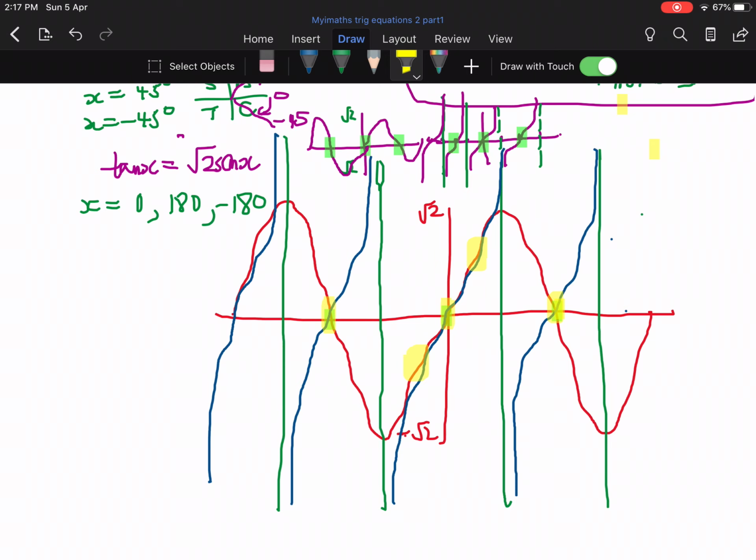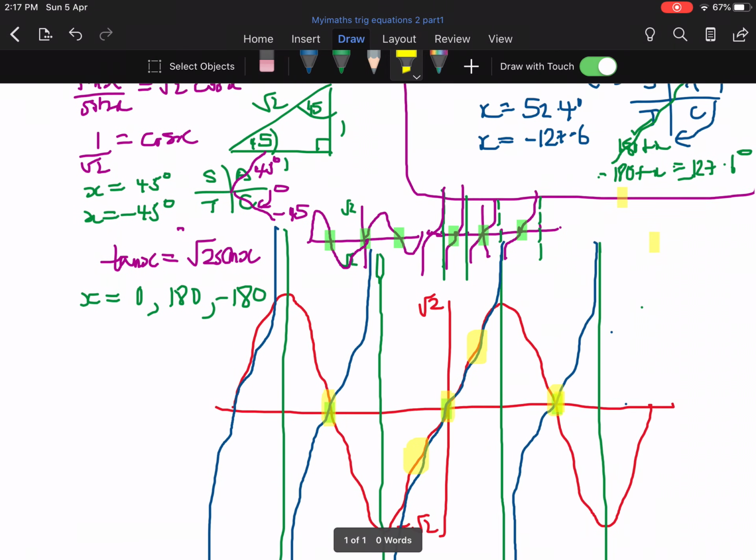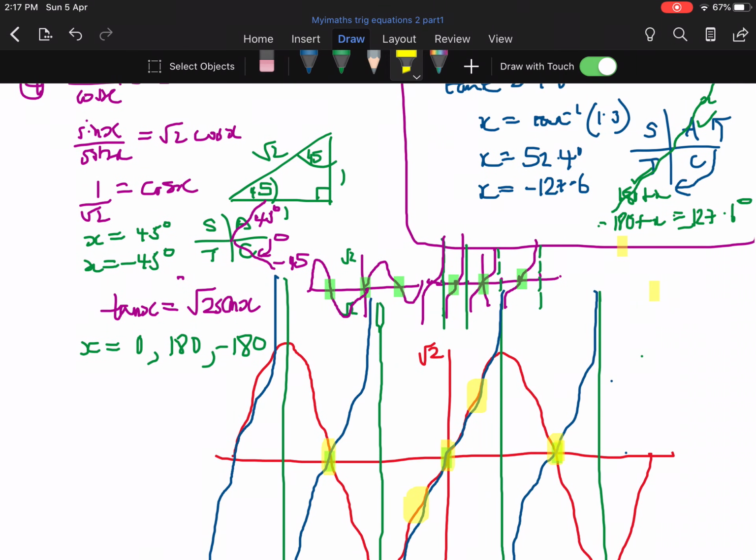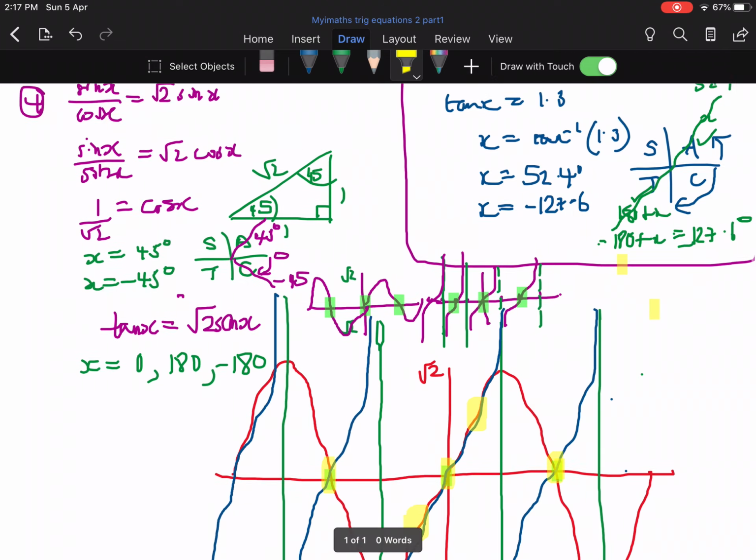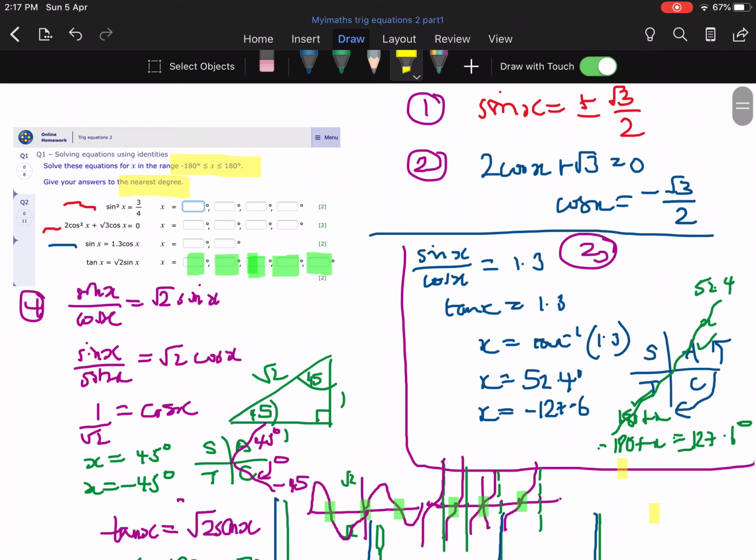I didn't need to draw this big massive graph, I just wanted to show you some intersection. I could have just looked at it with the two mini graphs I did using a bit of common sense. Alright people, I hope that helps you for trig equations part 1.